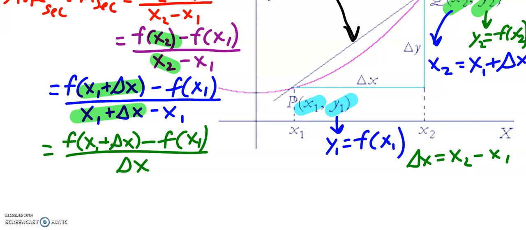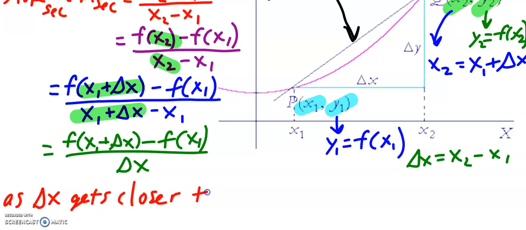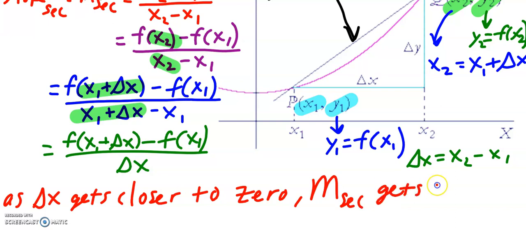But now let's use our calculus brains that we're developing, and let's think about as delta x gets closer to 0, then the slope of the secant line, so m secant, gets close to m tangent.